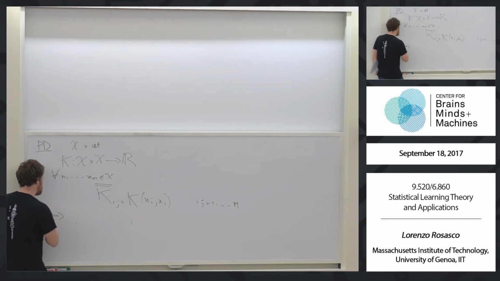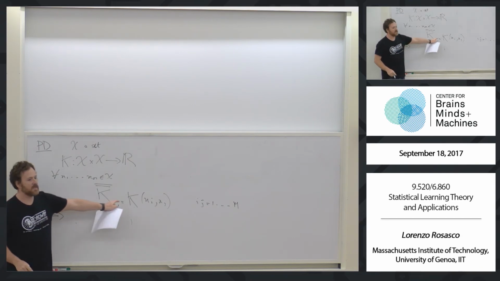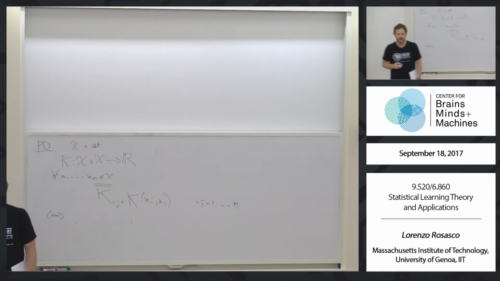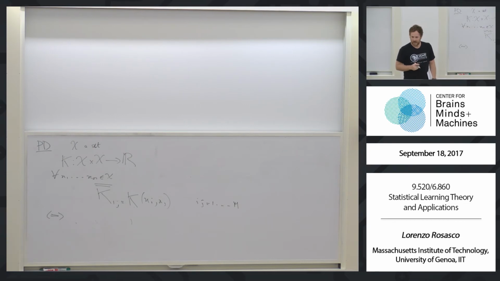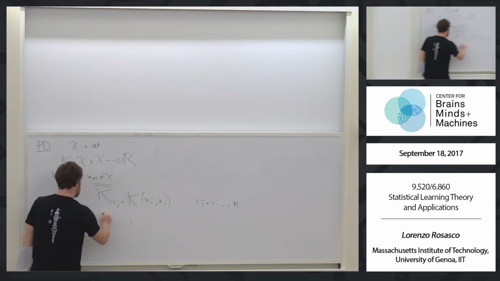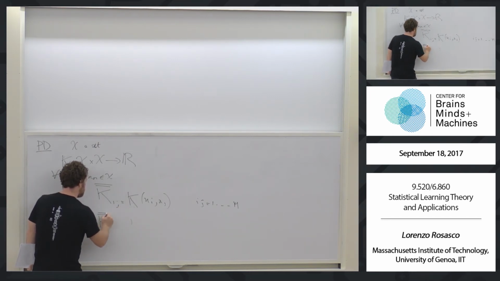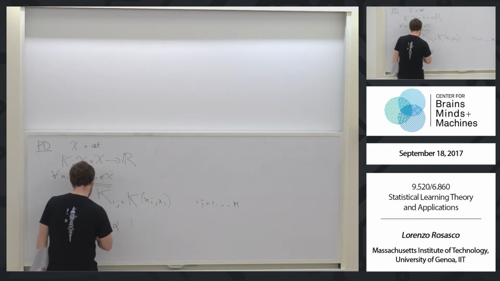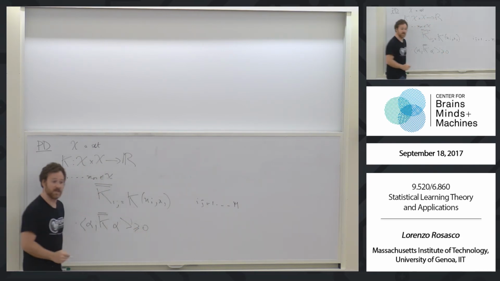We're not going to discuss it. This is a standard fact that saying that a matrix has positive or 0 eigenvalues is equivalent to looking at the quadratic form of the matrix, right? So it means that if you take this K bar and you multiply by some vector, then this has to be bigger or equal than 0.